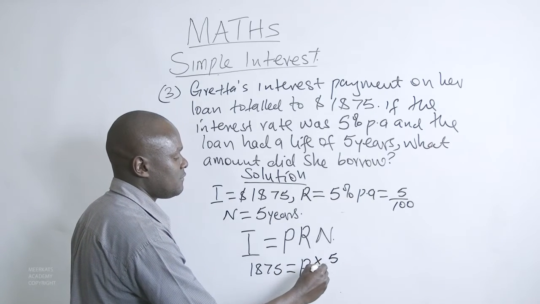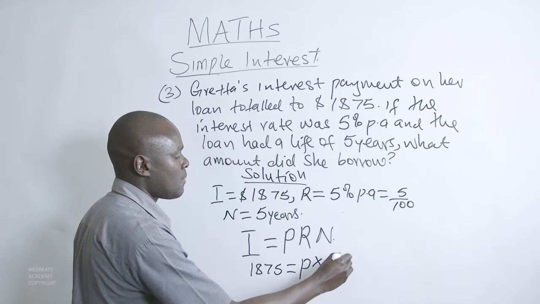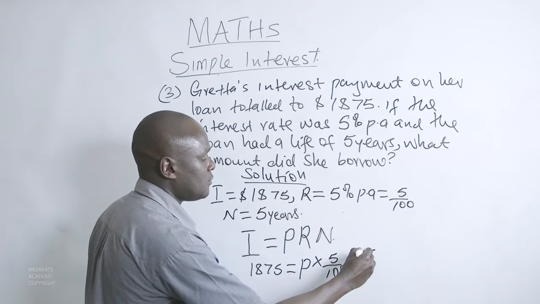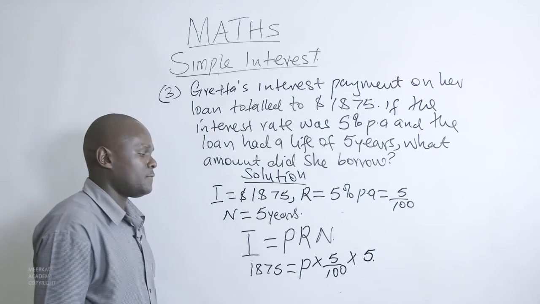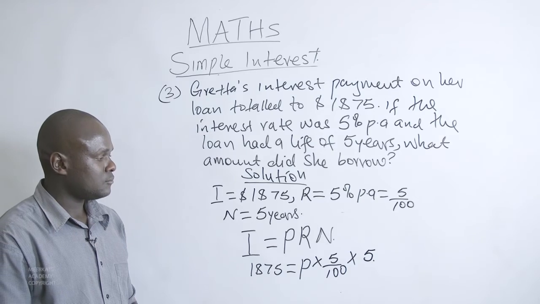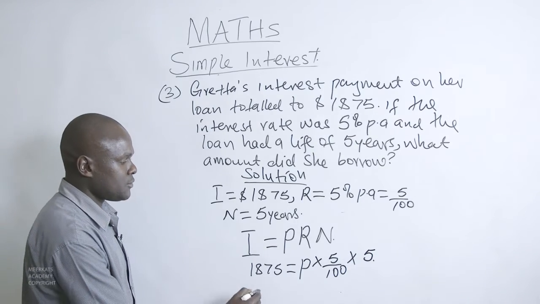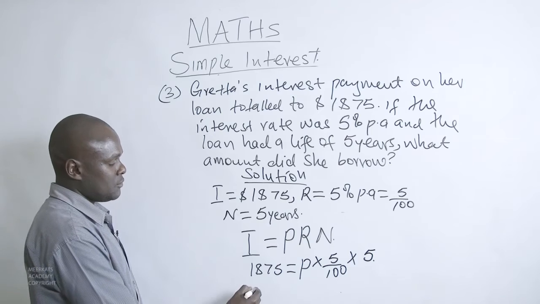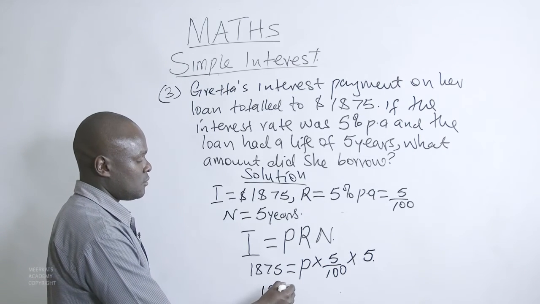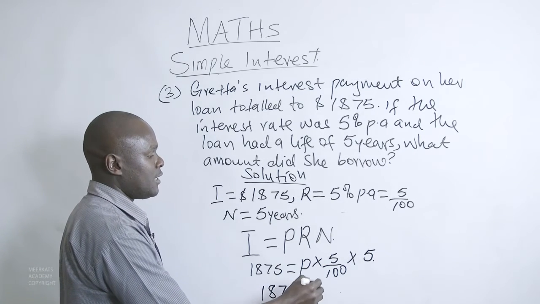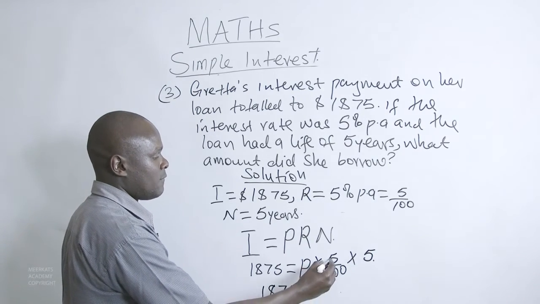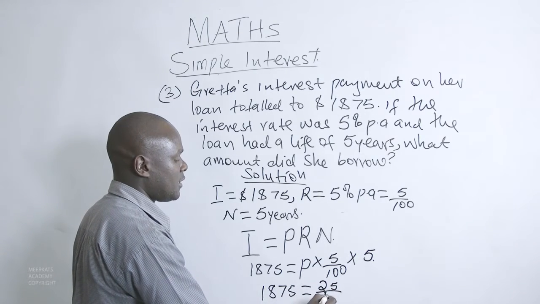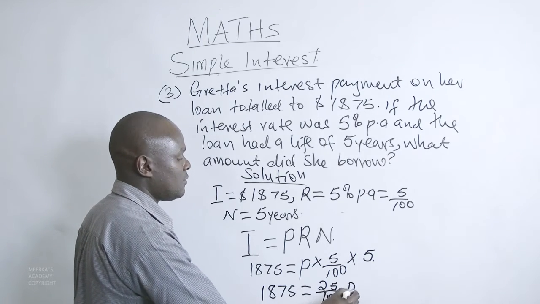The rate is 5 out of 100. And the period is 5 years. So when we try to simplify the right-hand side of this equation, we will have 5 times 5, we will get 25 out of 100 multiplied by the principal.